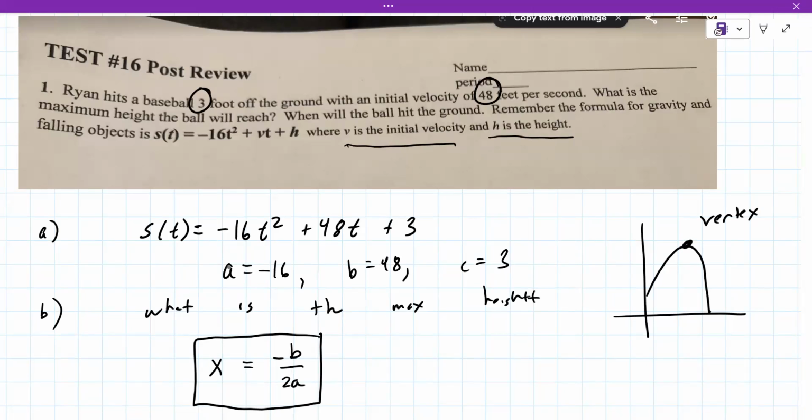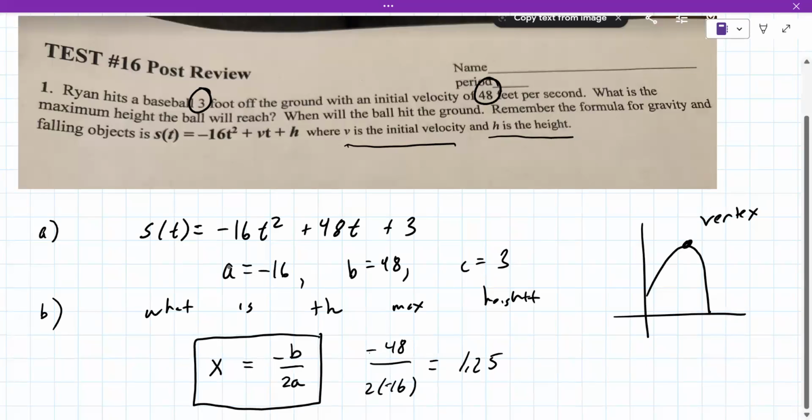Sure. 1.25. Okay, yeah, so minus 48 over 2 times negative 16 ends up being 1.25.